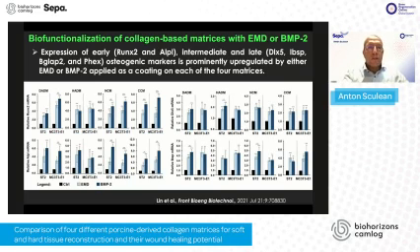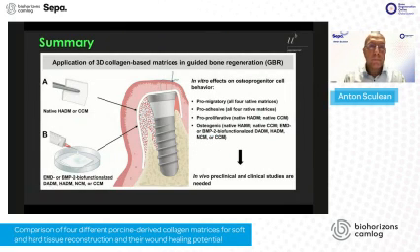Also, if we looked at some other markers like Runx2 and ALPL that are very much responsible for the early formation of bone, and we coat these matrices, then we can again see a tendency of additional improvement in terms of bone formation. That's very important.